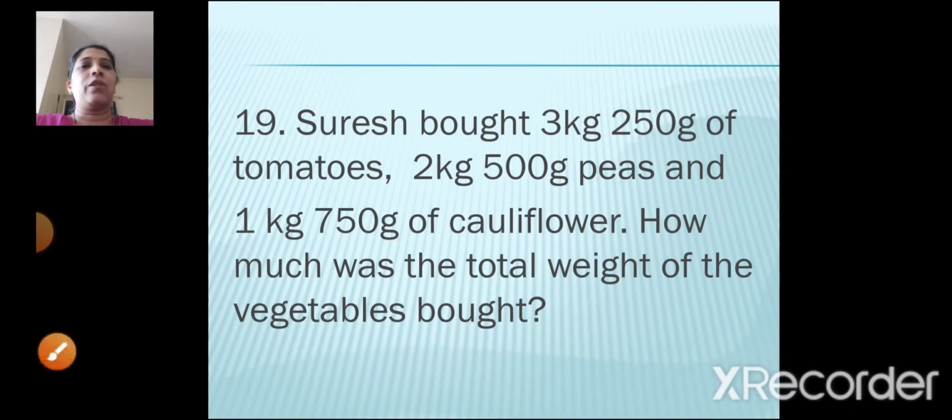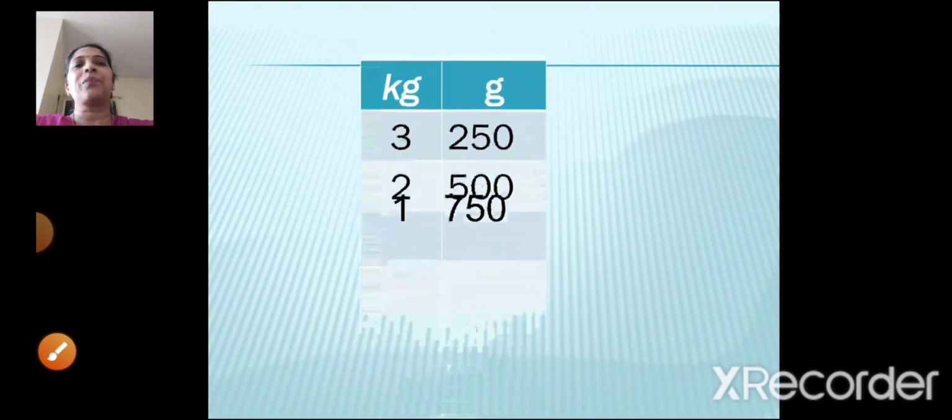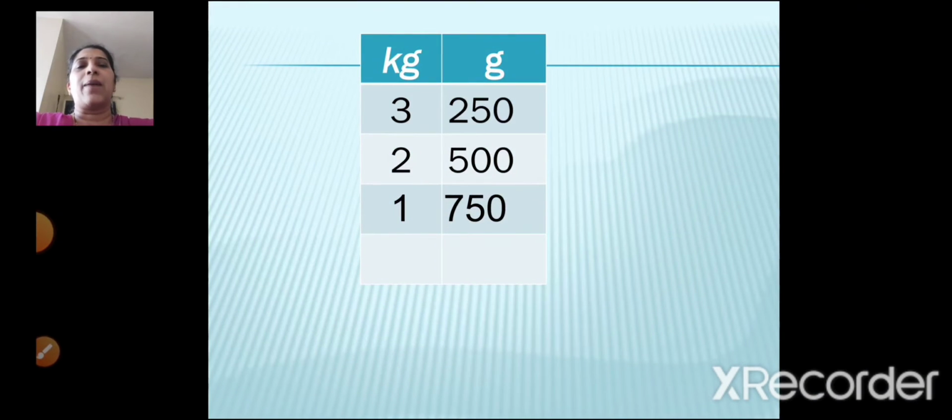So again what we will do? We will make a table, kilogram and gram. So first we will add 3 kg 250, right? Then what is the weight of the peas? 2 kg 500 gram and weight of cauliflower is 1 kg 750 gram.